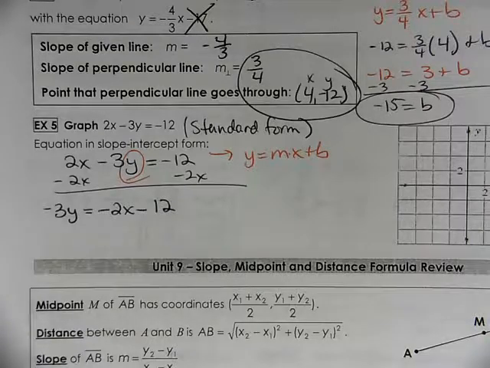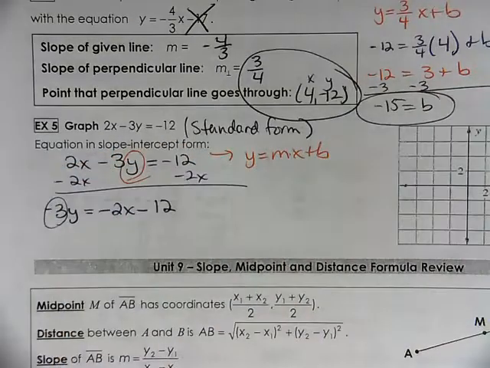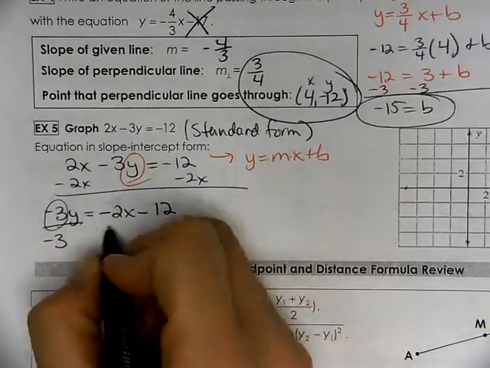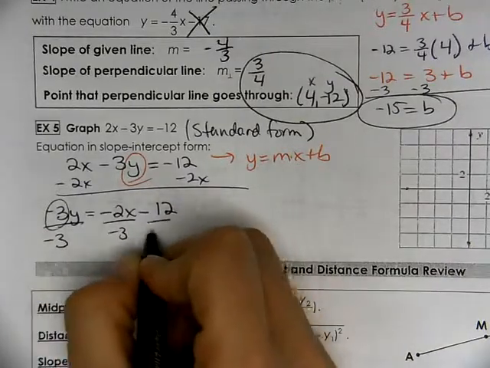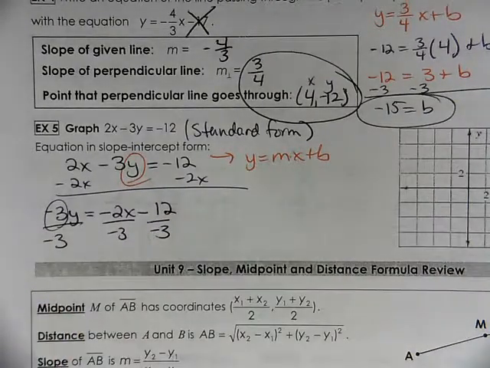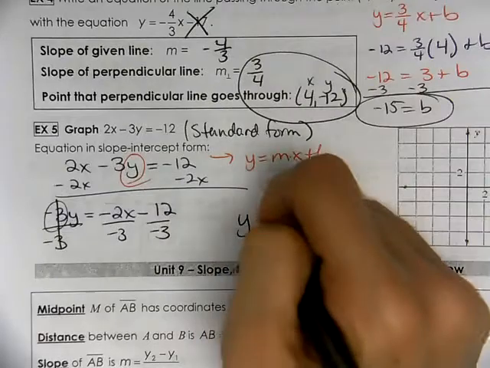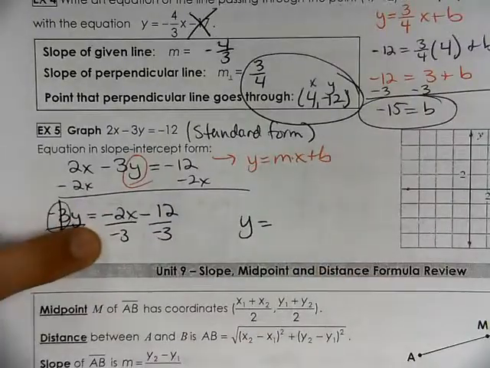Now, can I get rid of the -3? I have to do what? Divide by -3. When you divide by -3, you're dividing every single thing by -3. There's 3 parts, you've got to divide by -3. You're dividing every single thing. These cancel. What does -2 divided by -3 turn into?